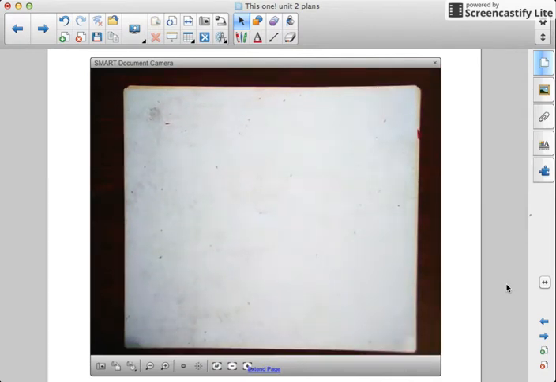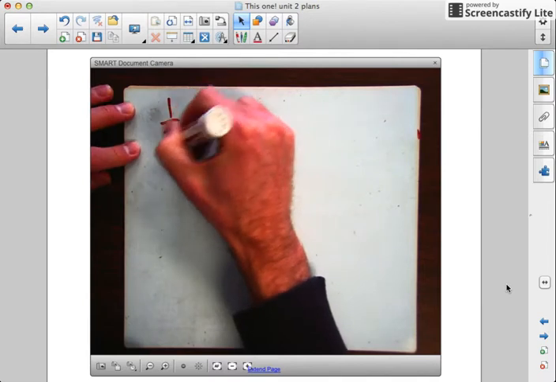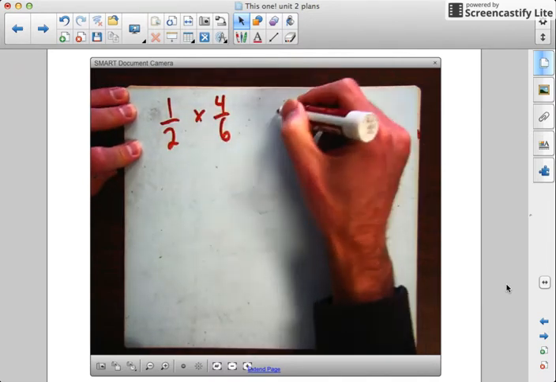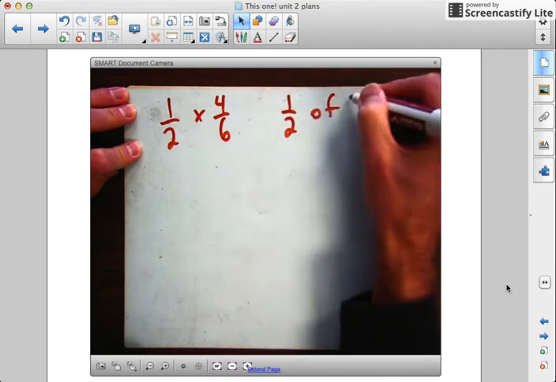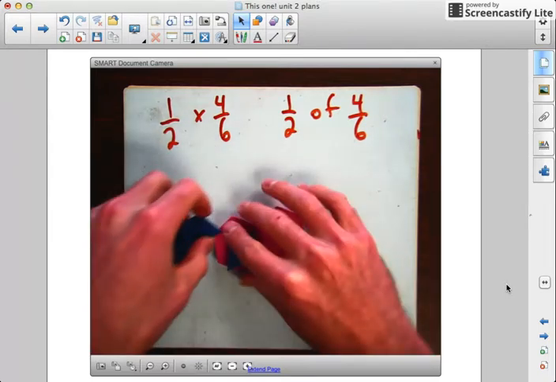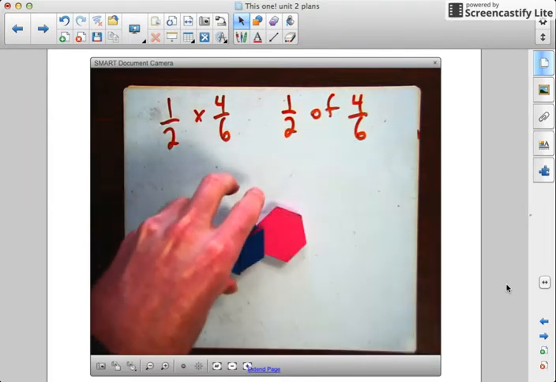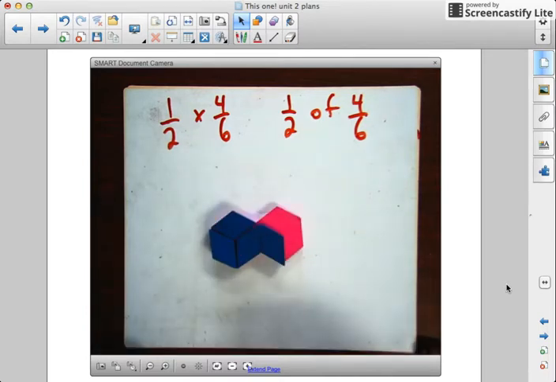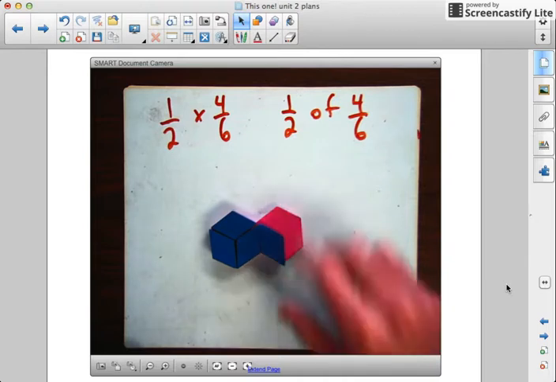So some more examples. Let's say I have 1/2 times 4/6. So I want 1/2 of the 4/6 that I have. So that means I'm going to start with 4/6, and I want 1 out of the 2 groups.